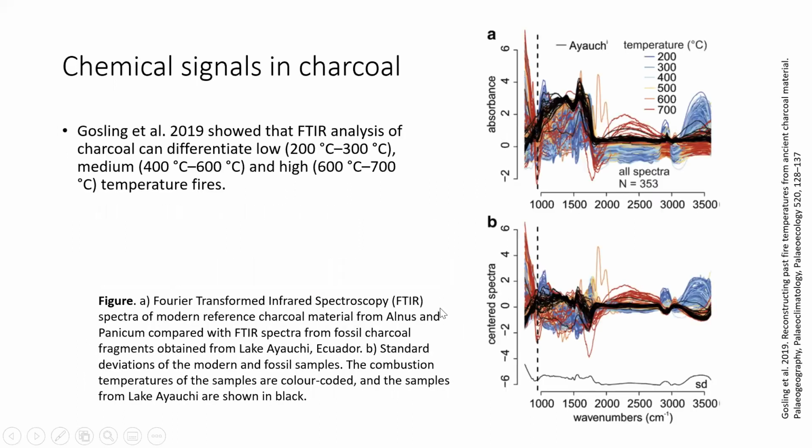And this is just an ongoing development. Just last year, there was a paper published by Kosling et al., I think in the Netherlands. They made experiments in the laboratory where they burned plant material from certain species in laboratory conditions at different temperatures.